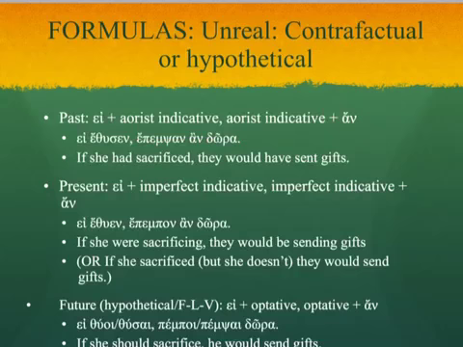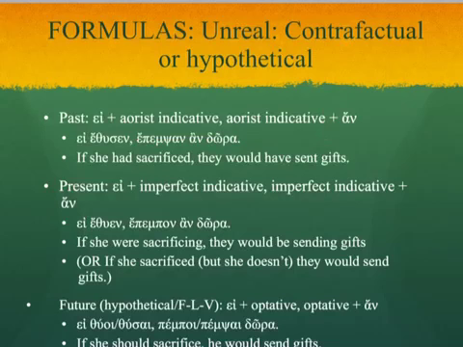That's the past version. In the present version, this is confusing, what's used is the imperfect indicative, okay? So ei plus the imperfect indicative in the protasis, imperfect indicative plus an in the apodosis. So note that the past contrafactual and the present contrafactual are almost identical in the way you put them together, except that you use the aorist in the past and the imperfect in the present.